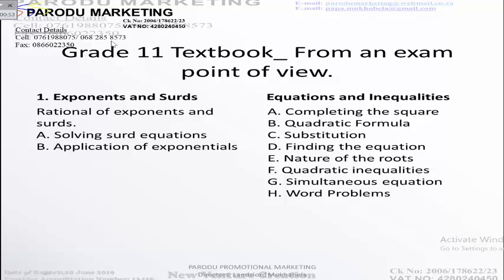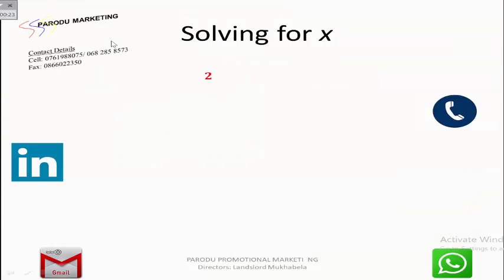So right now we are going to be looking at such pointers, using existing questions from previous exam papers, while using these laws, solving surds and equations, applying those exponentials. So let's carry right along.